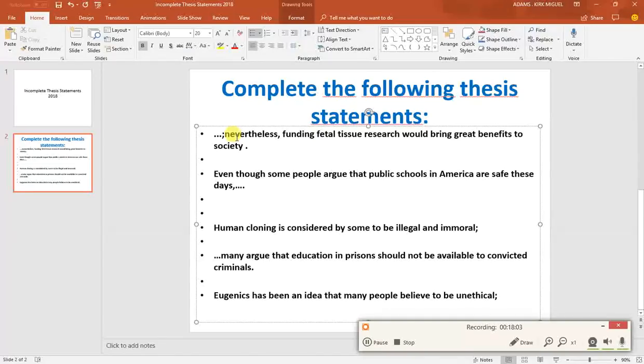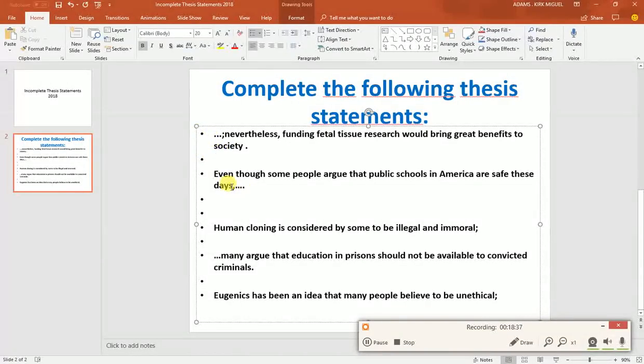Try to form a sentence with aunque, because that's although, and no obstante, or sin embargo. You would never have one sentence that has both of those words, aunque, and then later, sin embargo. Okay, it's one or the other. So, aunque is although, though, or even though, and nevertheless is sin embargo or no obstante. Nevertheless or nonetheless.